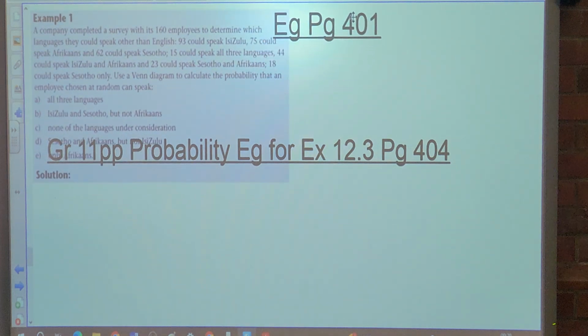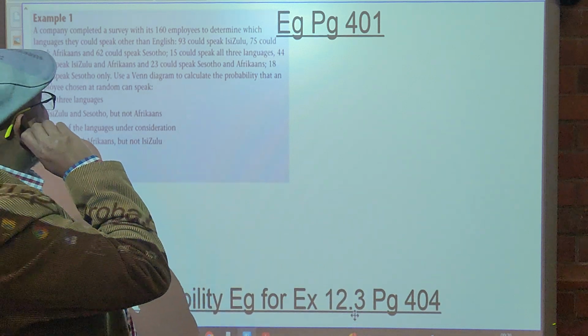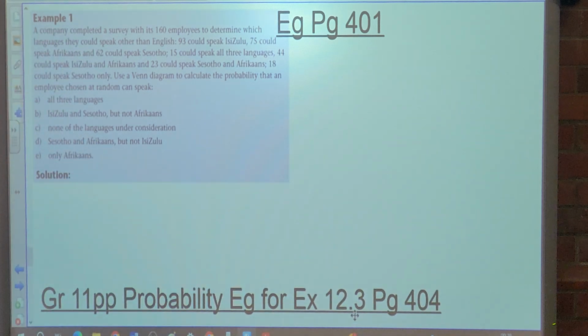So the example on page 401, we are told that a company completed a survey with its 160 employees to determine which language they could speak other than English.